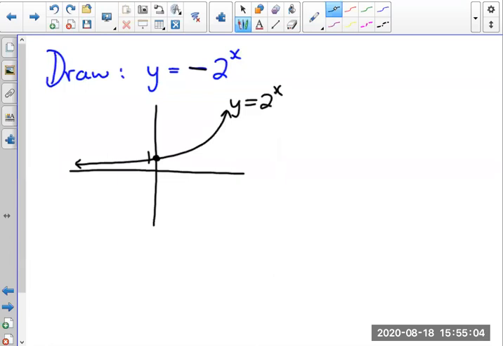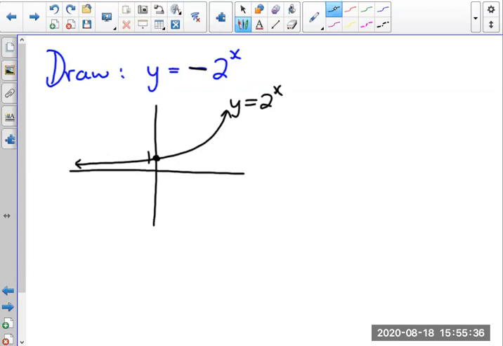Now, can you see my thumb is at the top, at the positive side of the x-axis? My arm is now the x-axis. What do I do if I reflect my hand in the x-axis? Look at your thumb. What happens to your thumb? Your thumb goes to the negative side.